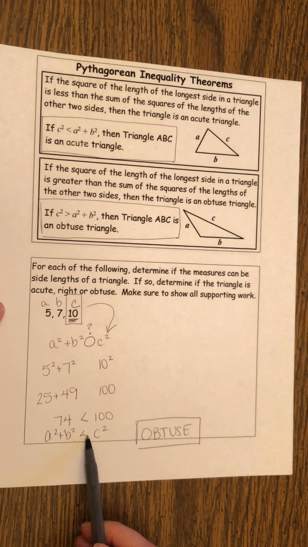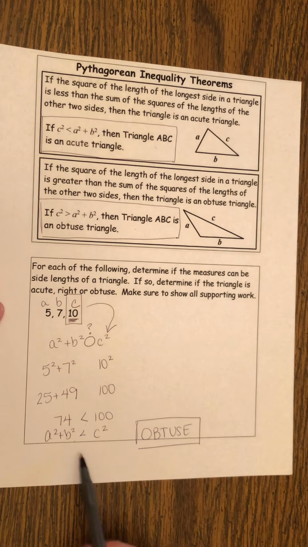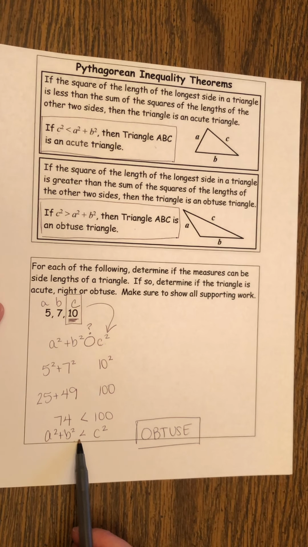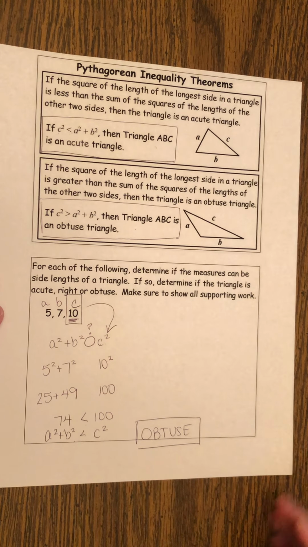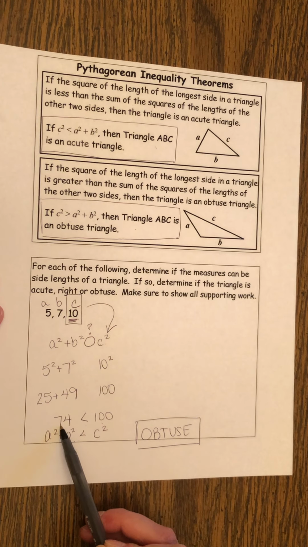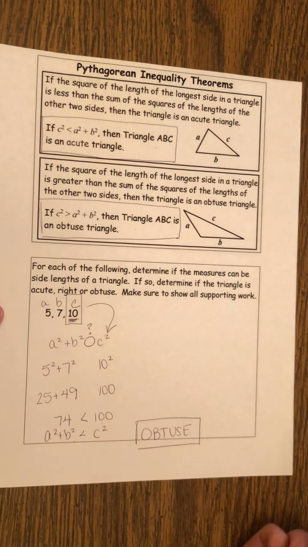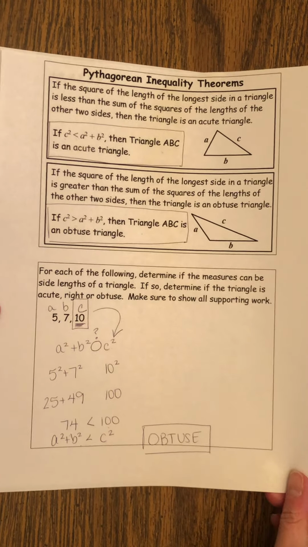Remember, if this were an equal sign, it means it fits the Pythagorean equation, and then it would be a right triangle. If it doesn't equal, though, it's either going to be an acute or an obtuse triangle. So because c squared was greater, 100 was greater than 74, this triangle with these three side lengths would be an obtuse triangle.